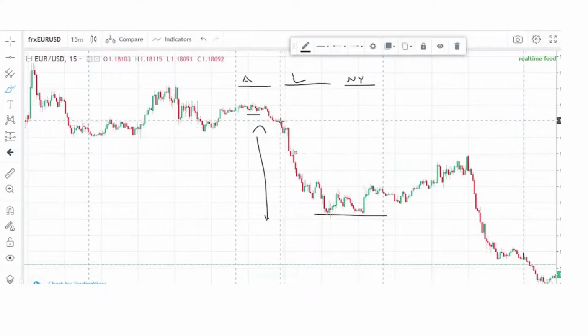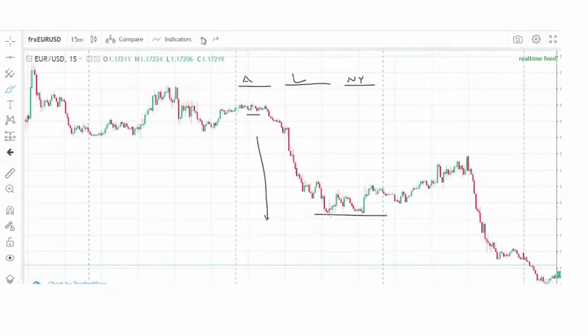So for this territory to be valid, we need to see not only a range break, we also need to see a session break.